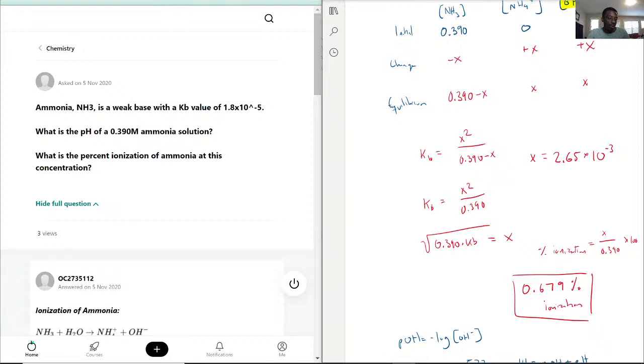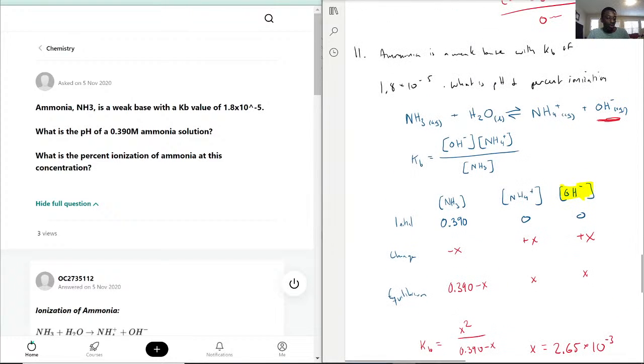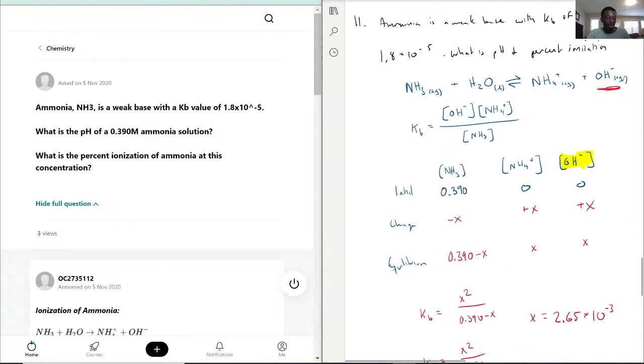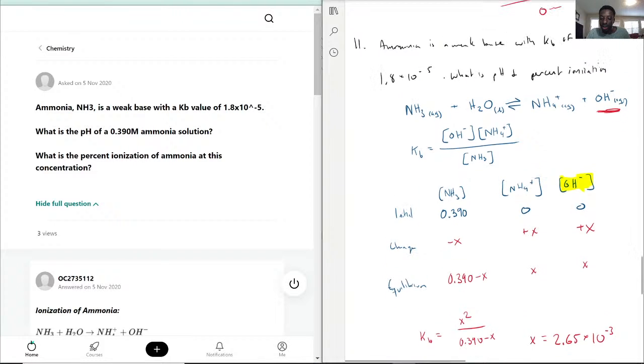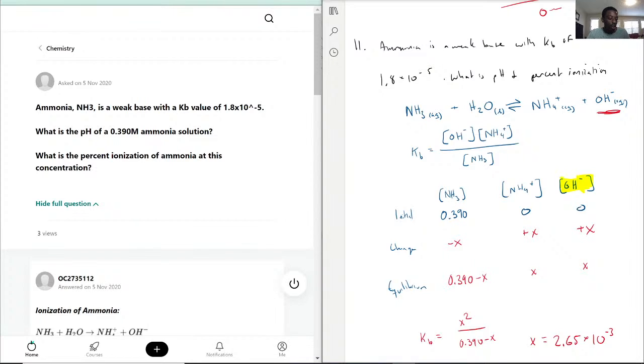So first it would be 1.8 times 10 to the negative 5, squared, plus 4 times 1 times C. In this case, the C would be 1.8 times 10 to the negative 5 times the concentration given to us, which was 0.390.